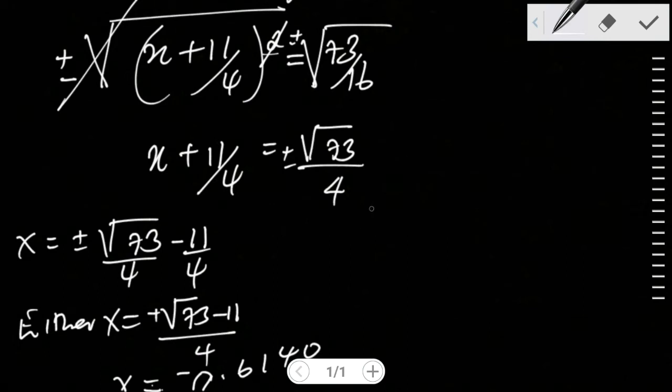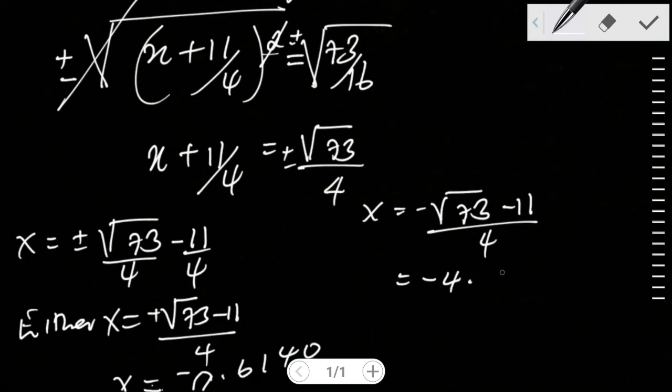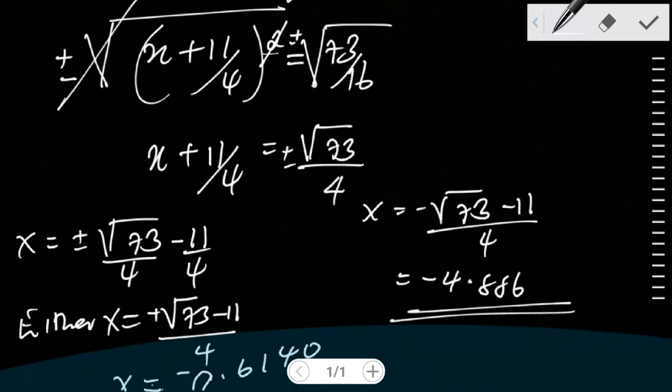For the second value, x equals negative root of 73 minus 11 all over 4. So this would be equal to negative 4.886. And so this is how we go with completing the square when we are solving quadratic equations. And so this is my answer when I've used completing the square.